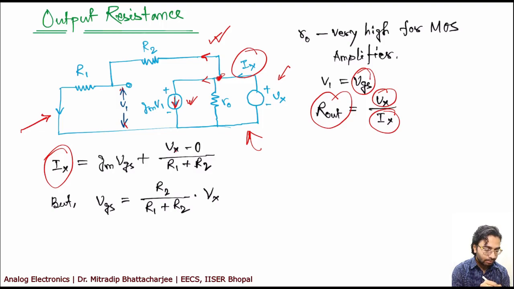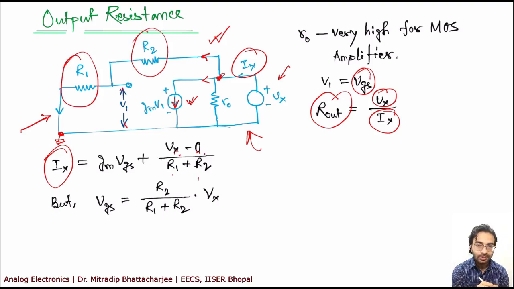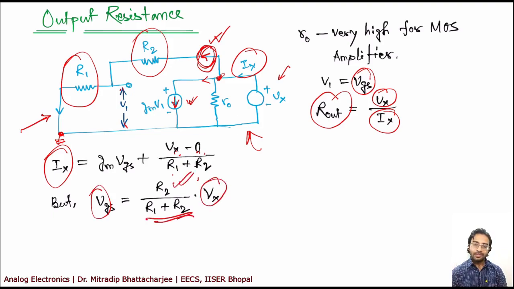Vx minus this part, which is 0 because it is grounded, so Vx minus 0 divided by R1 and R2 in series, so Vx minus 0 divided by R1 plus R2. That is exactly what this current component is. So your Ix value is GM VGS plus Vx minus 0 divided by R1 plus R2, where VGS is equal to R2 divided by R1 plus R2 into Vx. Is that okay?